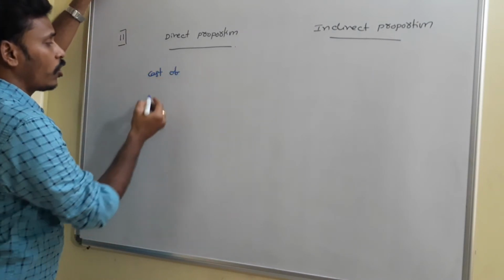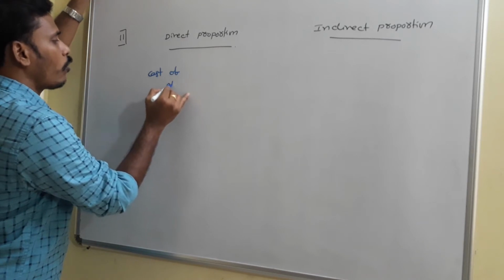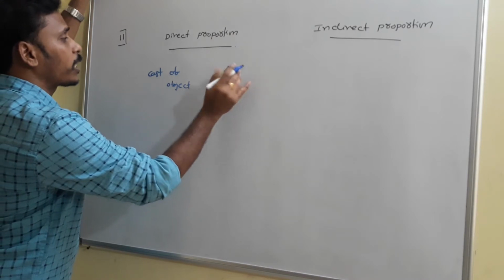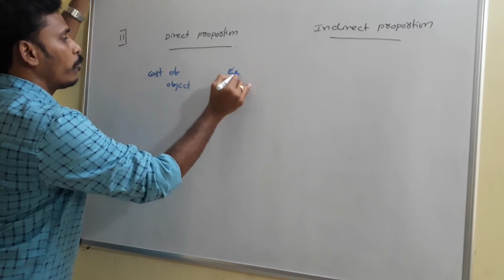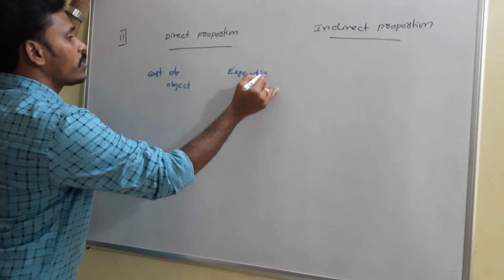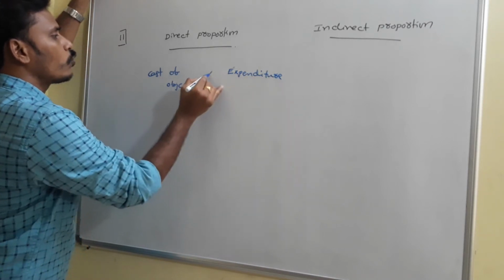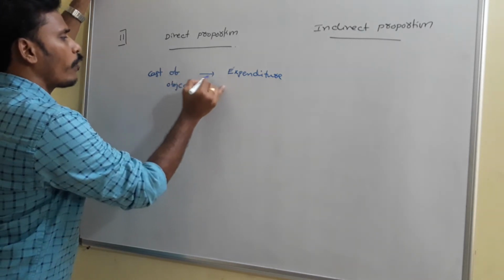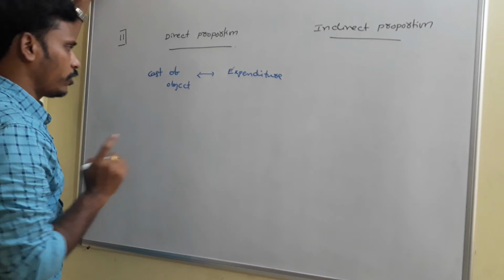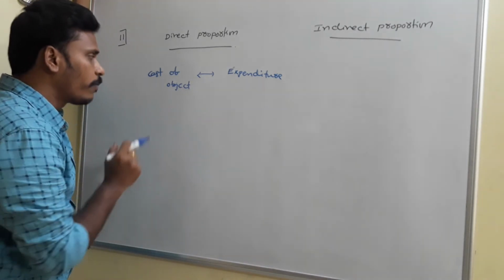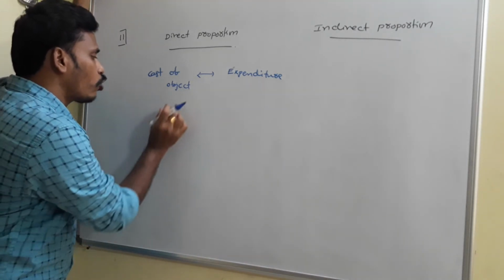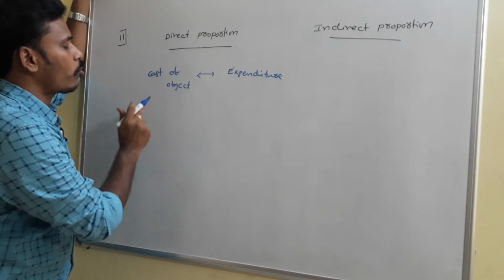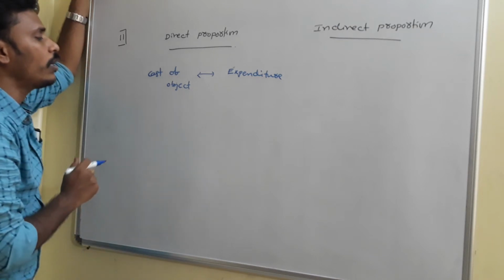Okay. For example, the cost of an object is directly proportional to the expenditure. You may say expenditure or amount spent. Since they are directly proportional, you may usually use this symbol, but there is no need to memorize all these symbols. Since these two are directly proportional, we can write the ratio between two different values.